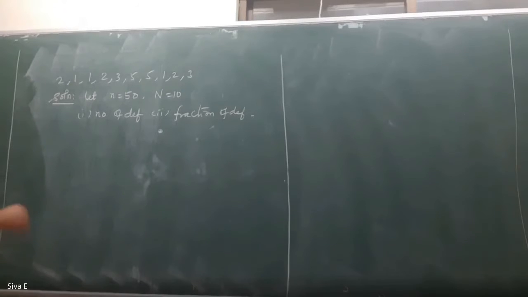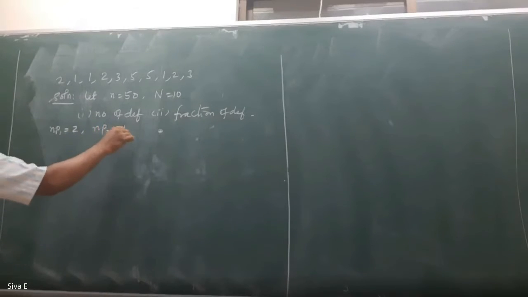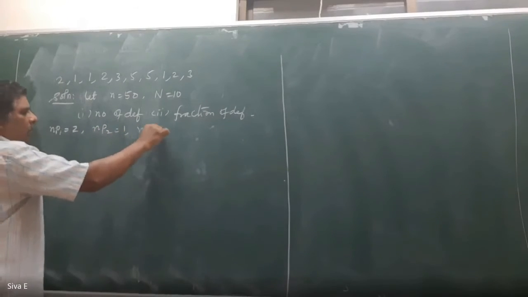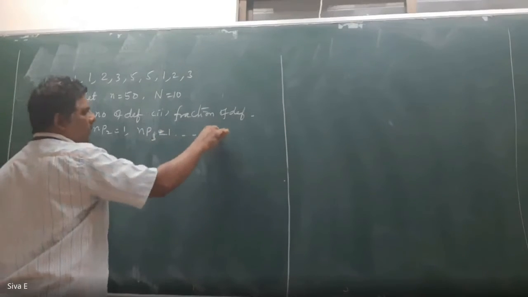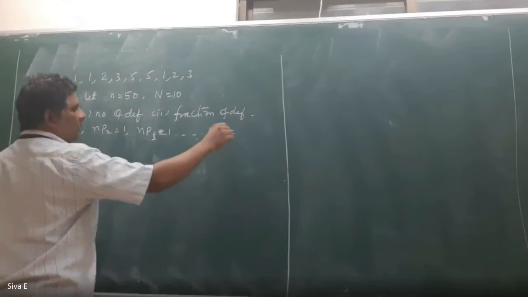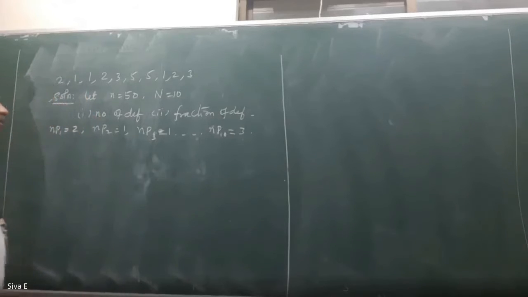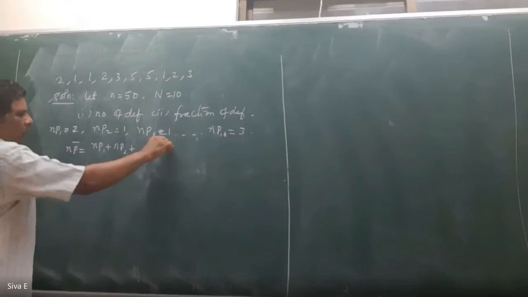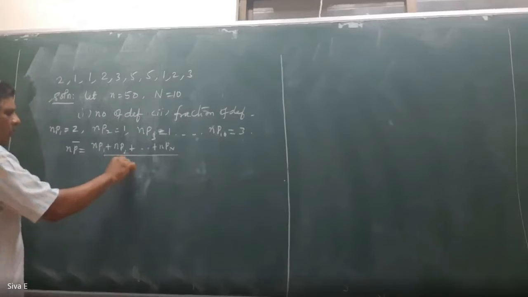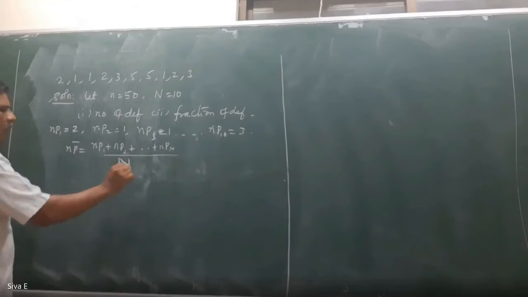Number of defectives per unit is NP1 equal to 2, NP2 equal to 1, NP3 equal to 1. Similarly, NP10 equal to 3. So, NP bar formula: NP1 plus NP2 plus up to NPn by n.